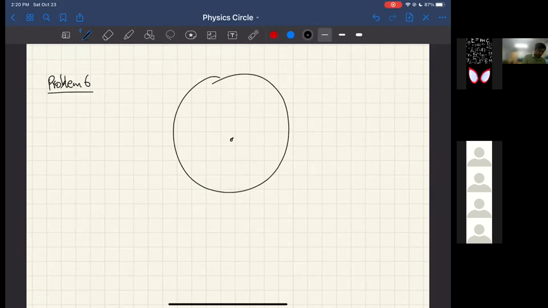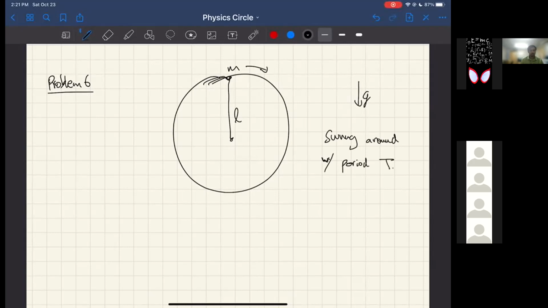We have a vertical loop, and the mass is attached to a rod of length L, and it's swung around with period T. So no longer tension, but the period is T. So what is the difference in tension in the rod when it's at the top and when it's at the bottom?